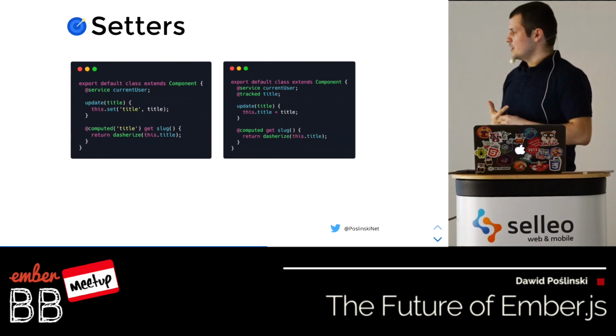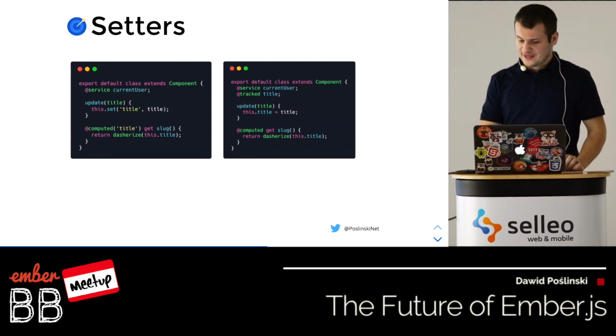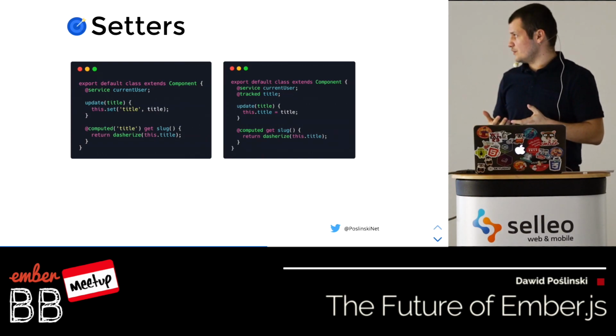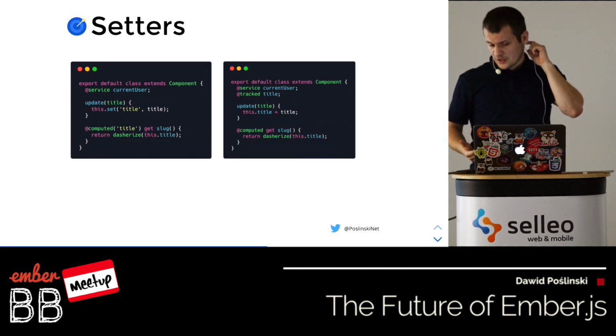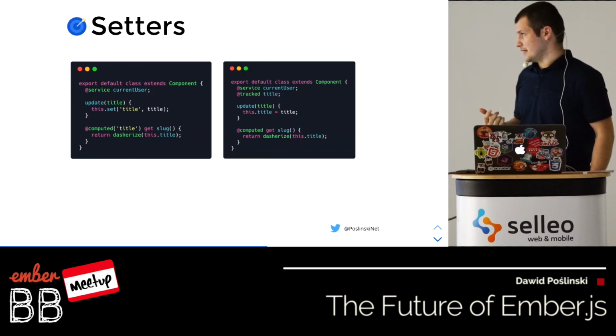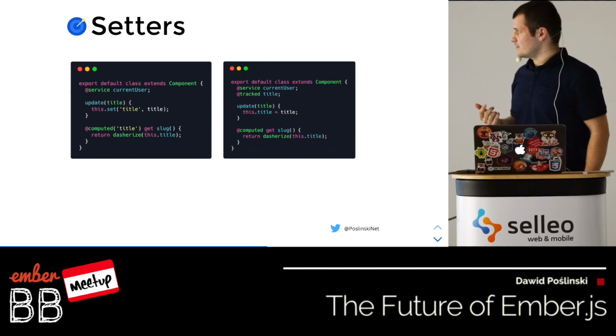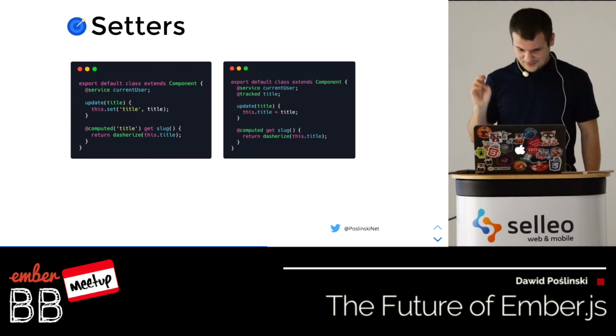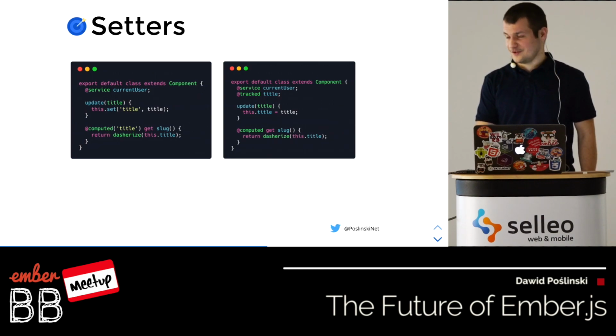So every property that has anything to do with title will be notified. Even if we have nested computed properties, we won't have to remember anymore about passing the keys of dependent properties, with some exceptions. This is just the first stage, I would say. With nested properties, it shouldn't work as great yet, especially if there are some enumerables.